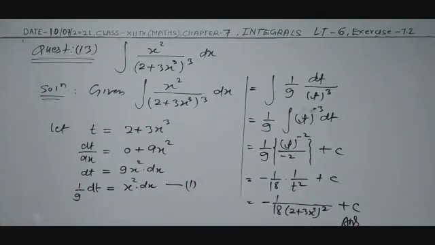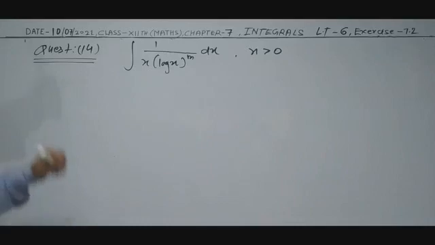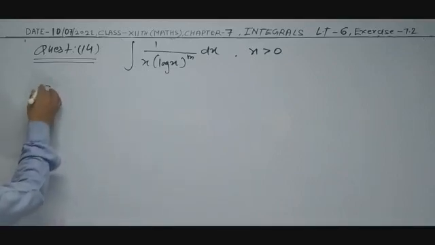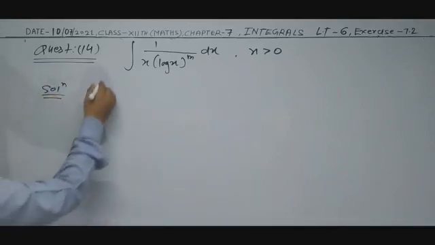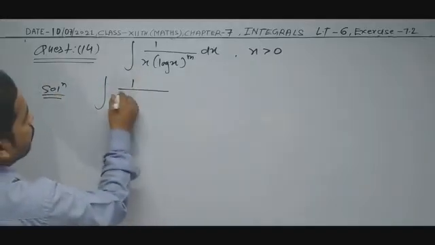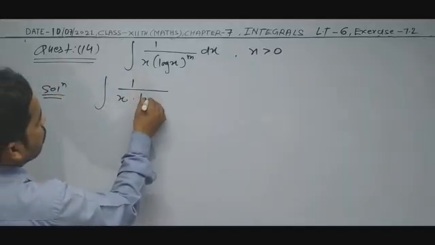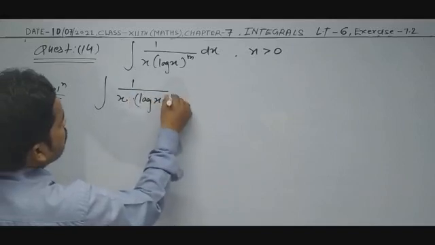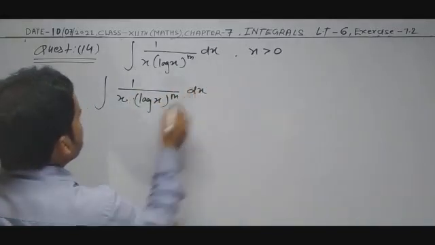Now come to question number 14. Question number 14 is the integration of 1 upon x (log x) to the power m dx, where x is greater than 0. So the solution is: first of all write the integral, 1 upon x (log x) power m dx.